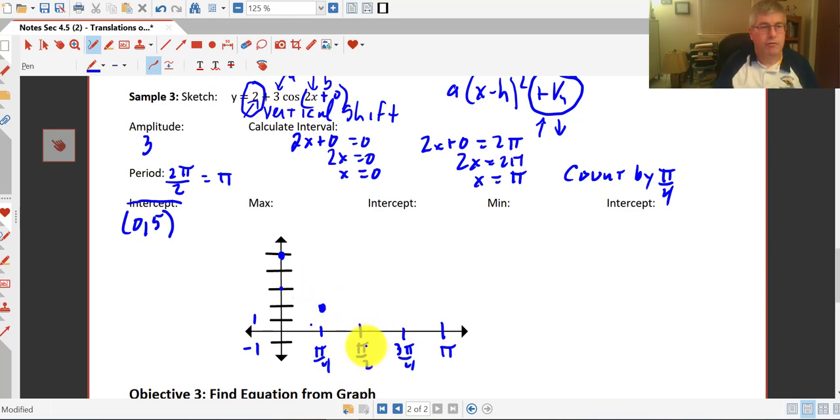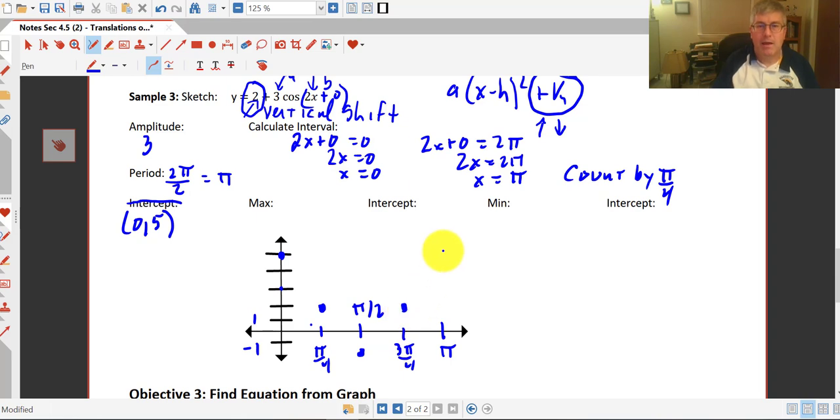And then at pi over 2, you'd think with a magnitude we'd go down to -3, but we don't. We only go down to -1. And at 3 pi over 4, that's going to be a reflection.